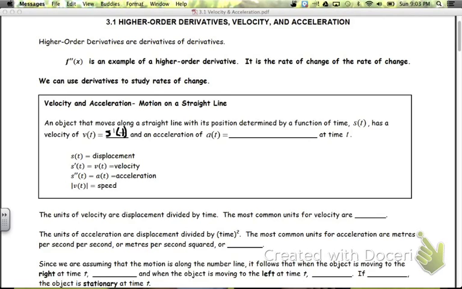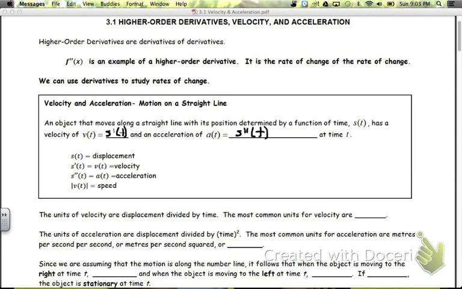And an acceleration of a of t, which is our s double prime of t at time t. So s of t is our displacement, and s prime of t, which is equal to our v of t, is our velocity.